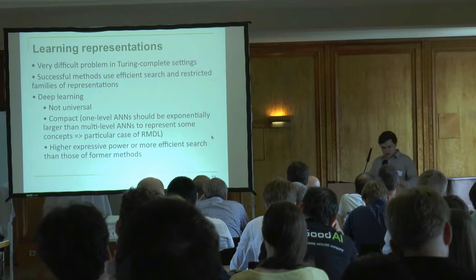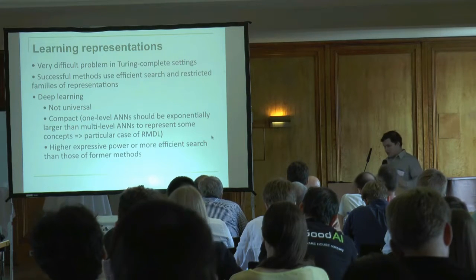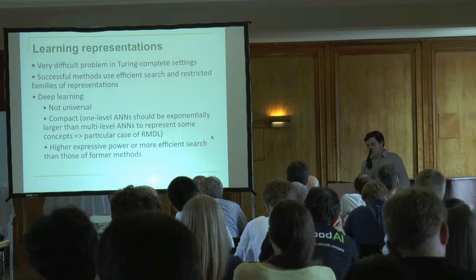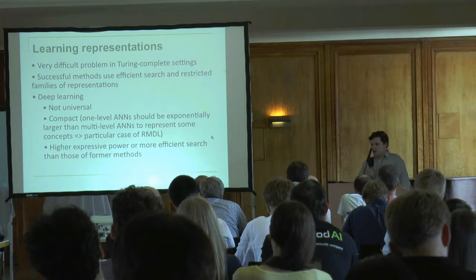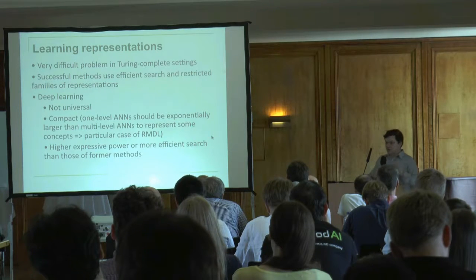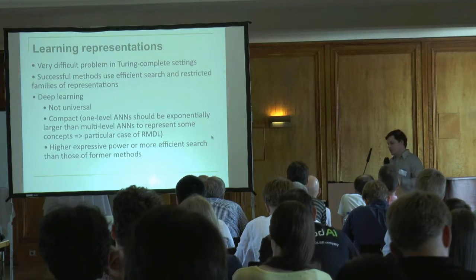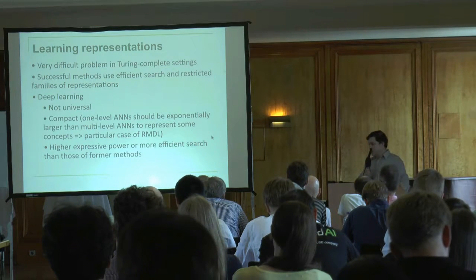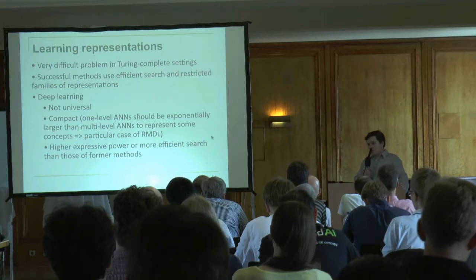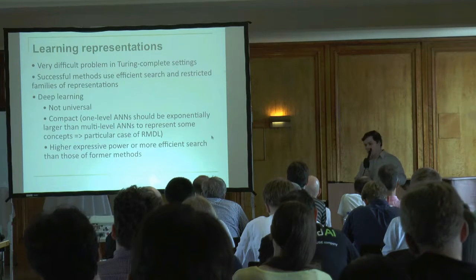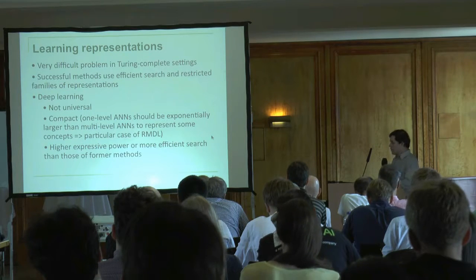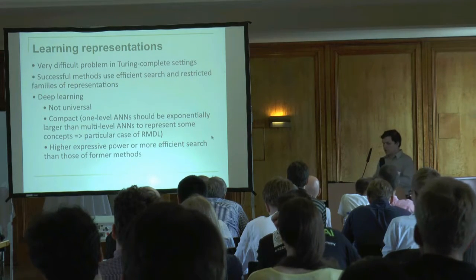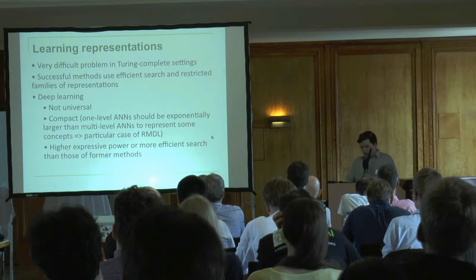So as we can see, one of the fundamental problems is to learn representations, because representations are central in narrow methods to be efficient to solve large sets of problems. And if we want to further bridge the gap between narrow and universal methods, we should somehow learn these representations.